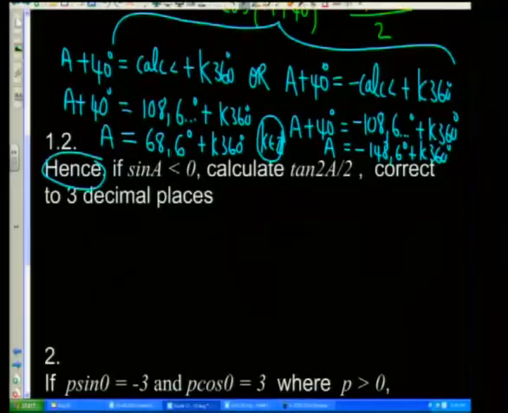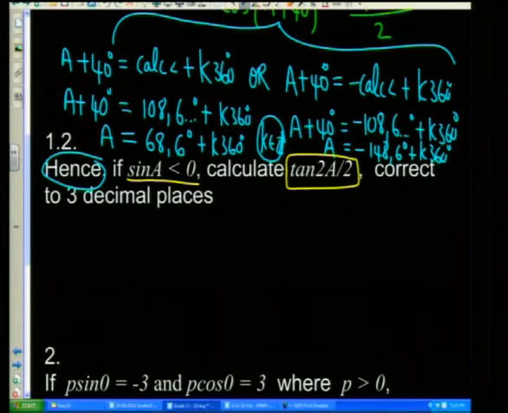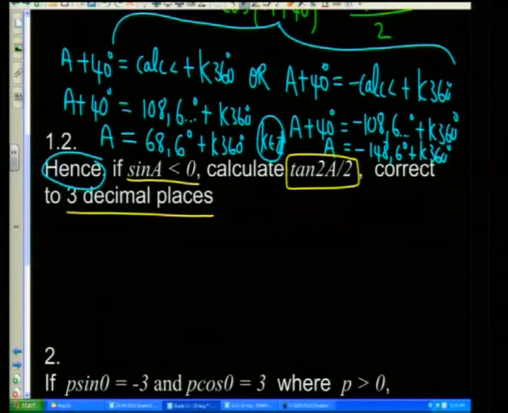If sine A is negative, calculate what tan of 2A over 2 is. Correct, look here. We've got 3 decimal places that we need to work to. Okay, so some very important information. We've got sine A has to be negative. We want to calculate the tan of that correct to 3 decimal places.